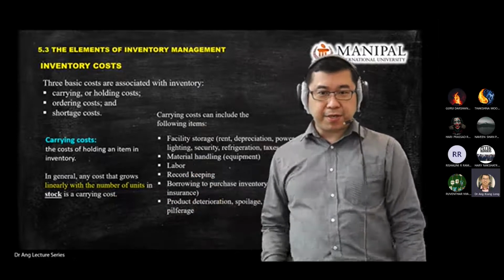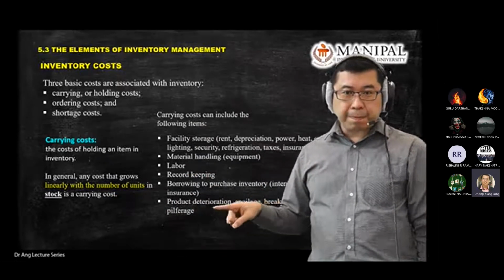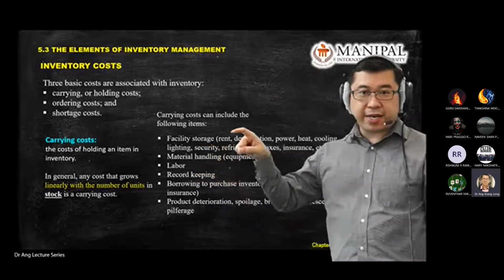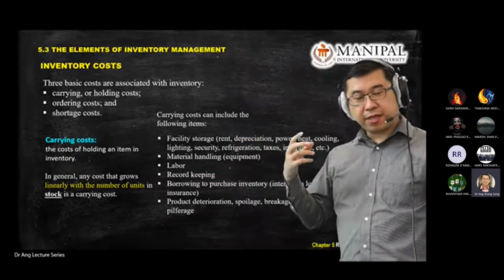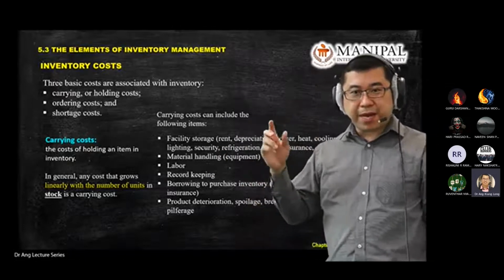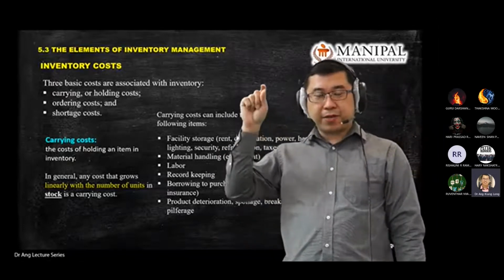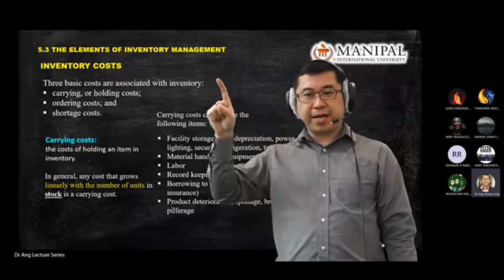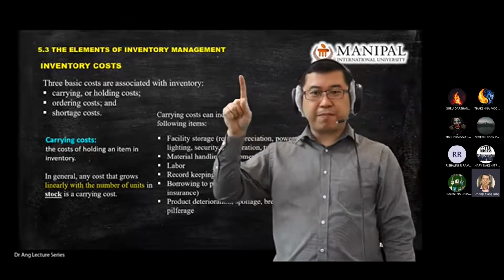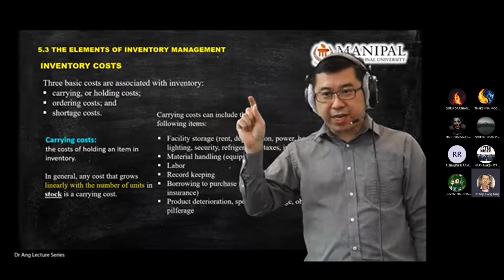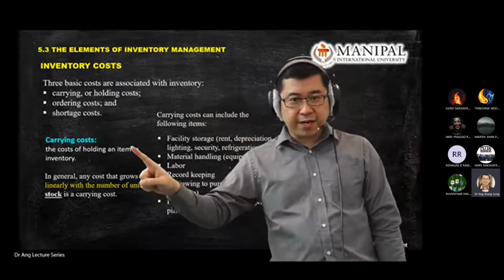Okay, labor, facility storage, like you rent the storage, it is calculated by day, by hours. You can take units of product multiplied by cost per unit. If you can do that calculation, it falls under carrying cost.